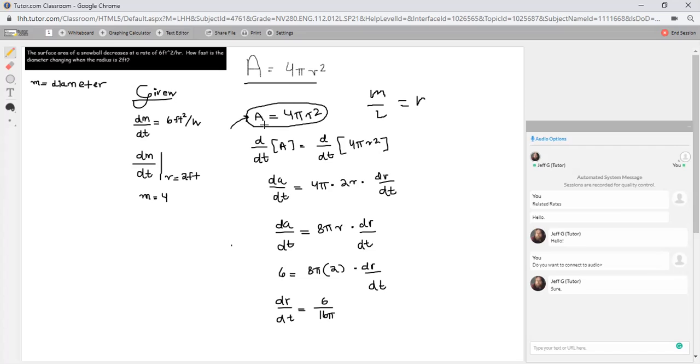Can I just put an m instead of r squared? No, right? Because that would make a lot of sense, though. 2r is equal to m, and if I have an r squared in there, r is m over 2. And if I squared both sides, I would have m squared over 4 would go in there, right?